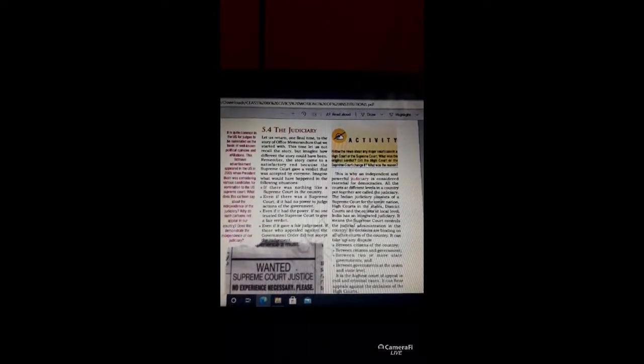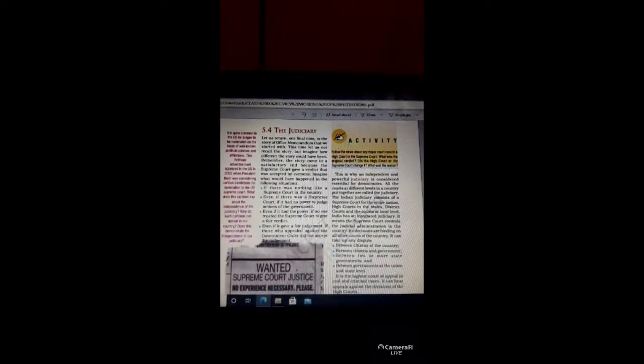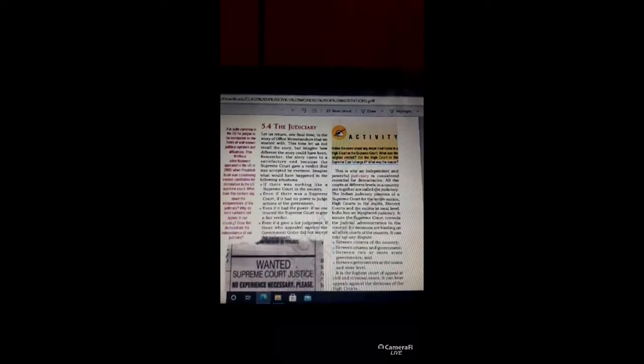If any dispute arises with the government. Third is between two or more state governments, if any dispute arises. Or lastly, between governments at the union and state level. So if any dispute arises between the state government and the union or central government, this case is looked after by the Supreme Court.